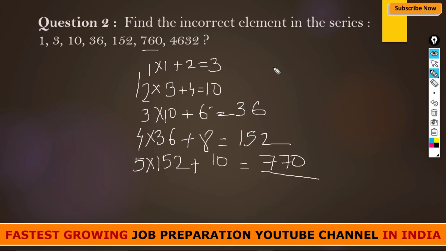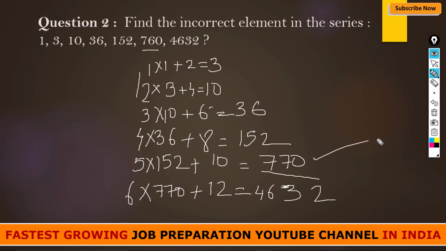So I can clearly see that by this logic the number should come to 770, but what is given in the question is 760. Let us again check the next number also, just to confirm. 6 into 770 plus 12 gives me 4632. So yes, if I put 770, it satisfies the logic of the equation. So the incorrect element is 760.